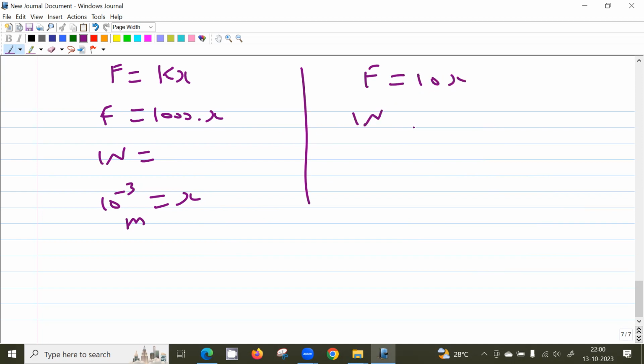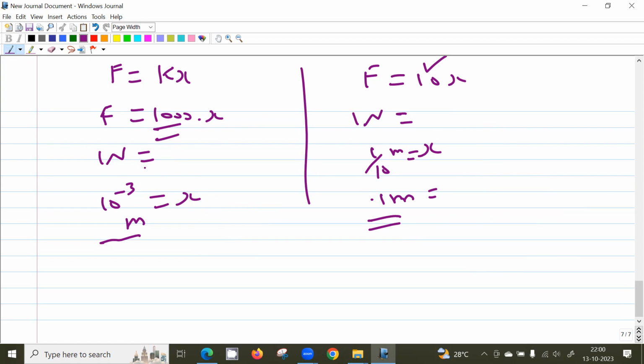For the same 1 Newton, X will be 1 by 10 meter, so that is 0.1 meter. This is a very small value, but this value I can measure. So for the force of 1 Newton, it's better to choose a spring constant of 10 compared to 1000.